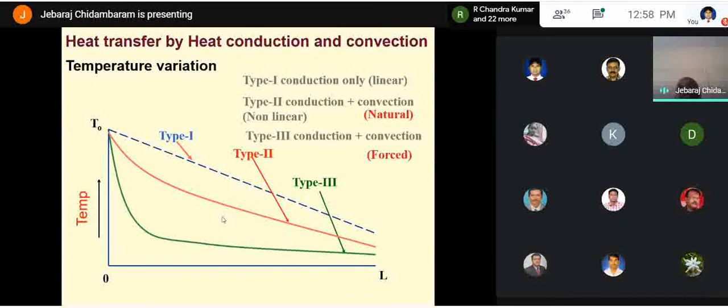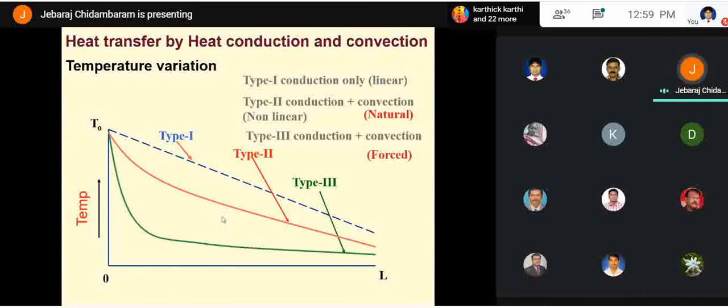So you need to design the cooling fin in such a way that the dissipation is efficient. You could make it efficient by changing the cooling fin material to aluminum or to copper, but copper is costly. So you are making an optimum design, optimum in shape, optimum in cost.